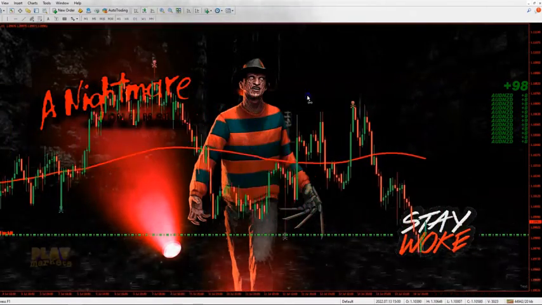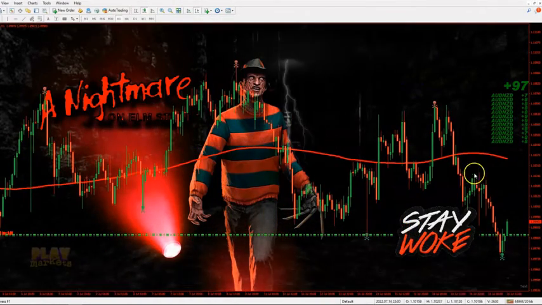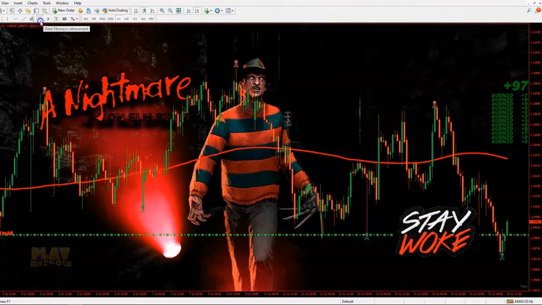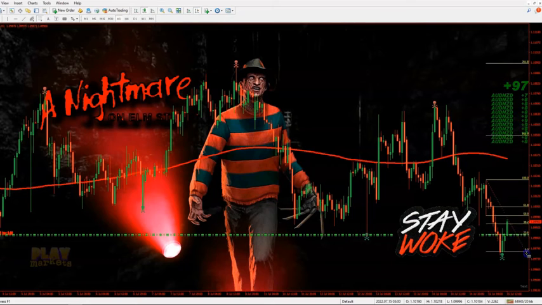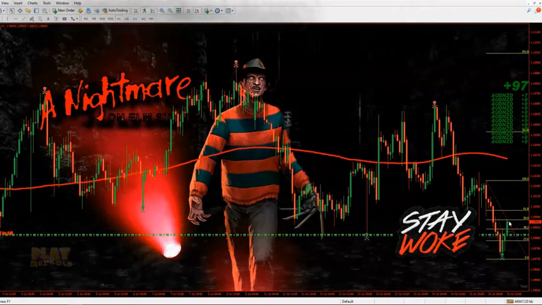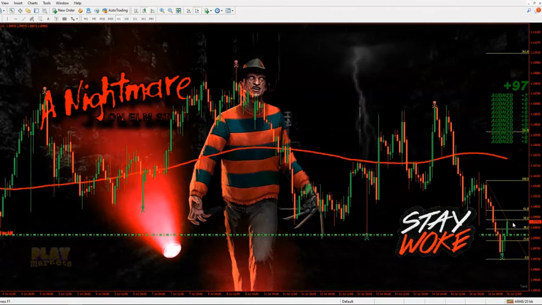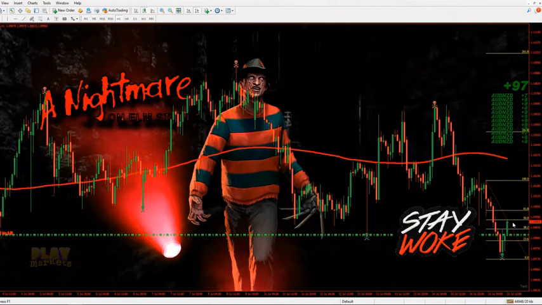Okay, let's talk about some of the patterns. So we know that this is a flag pattern. We know that if we start with the bottom of the Fibonacci and take it down, it could come down here, bounce up, come and test the golden zone, which is the 38.2 or the 50, or better yet, the 61.8.